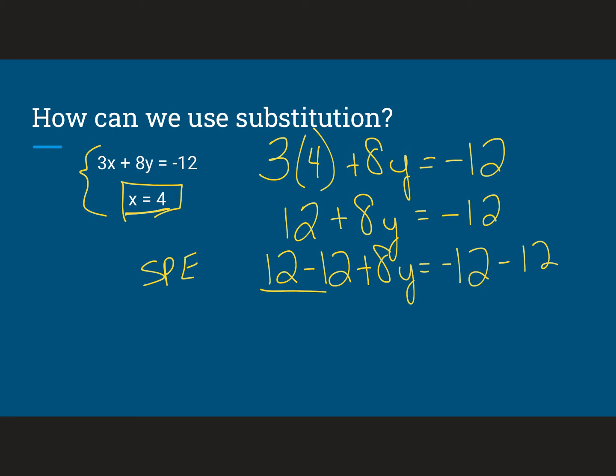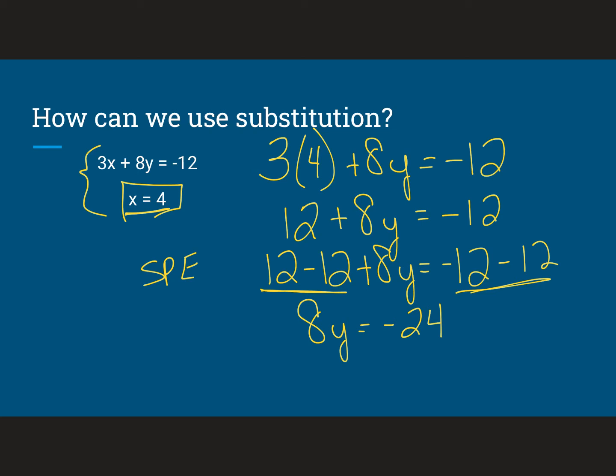So here, these are going to cancel, and these are going to combine. On the left side, I'm left with 8y equals negative 12 minus 12, which gives me negative 24. Make sure you're watching those integers. So negative 12 minus 12 is negative 24.